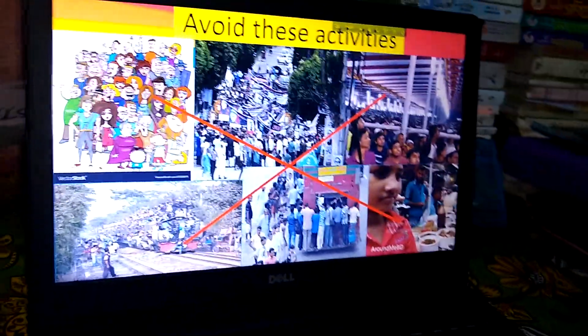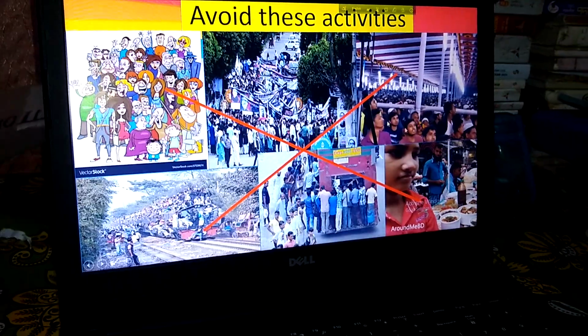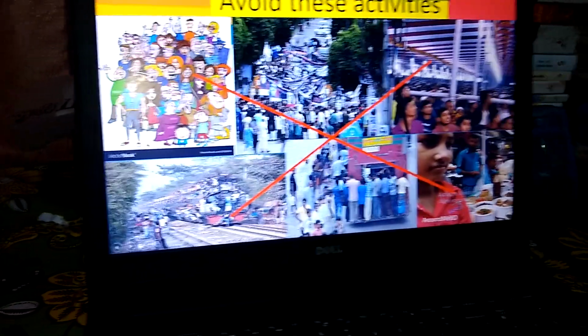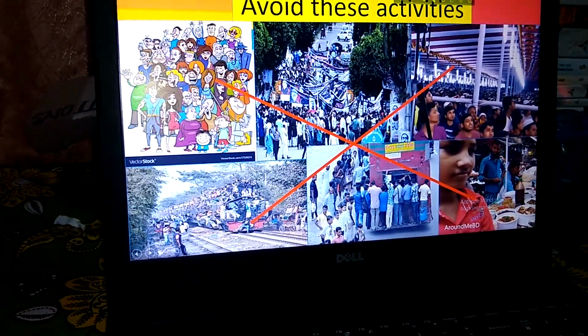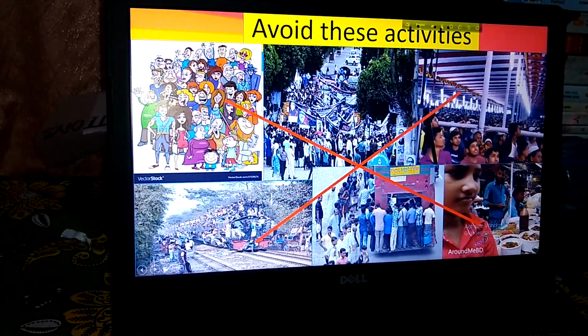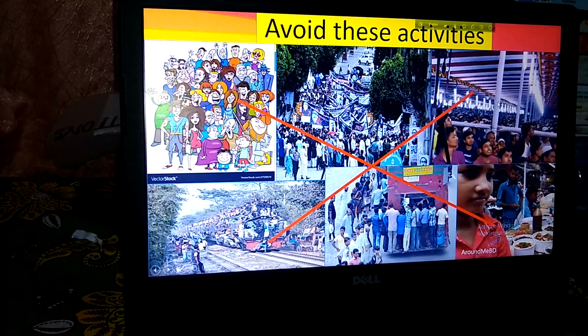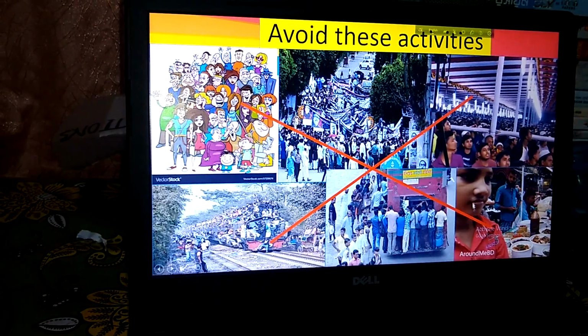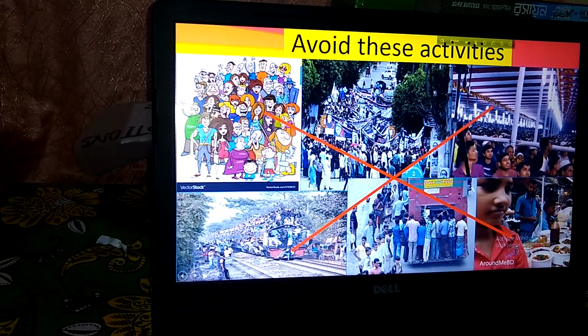Like earlier I showed you some pictures of different activities like public transport, railway, bus, then political programs, school, waz mahfil, and crowding in different shops.